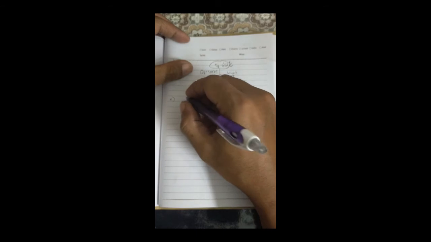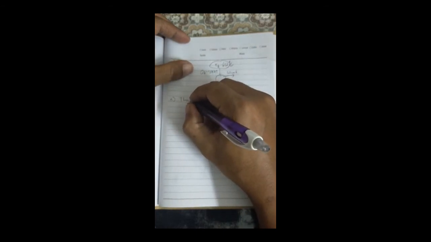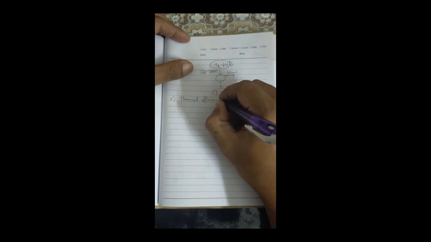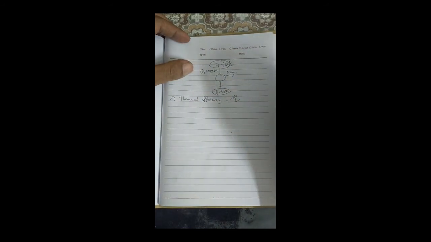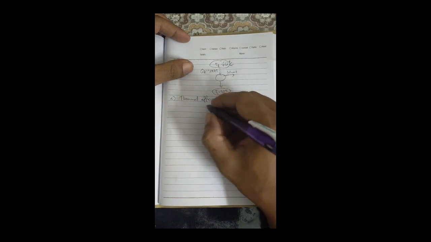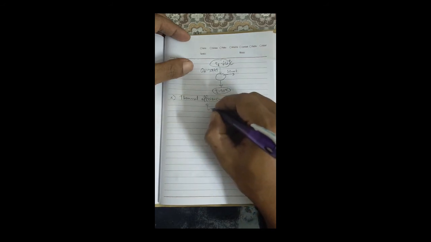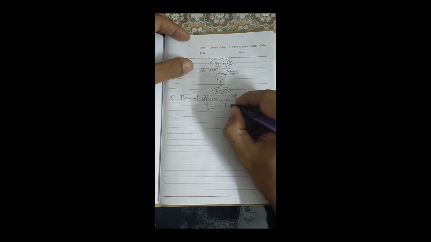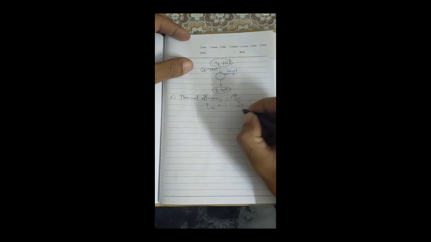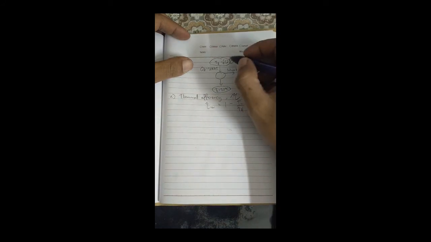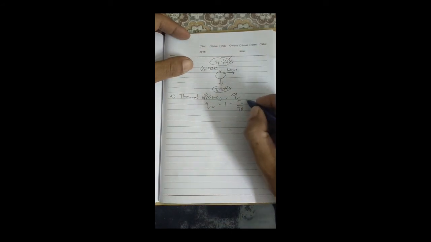Alright, so A, thermal efficiency. The efficiency of the Carnot cycle, which is reversible, is 1 minus T low divided by T hot. Be reminded that these are in Kelvin.